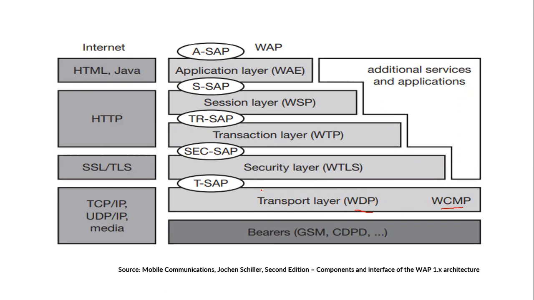The transport layer provides services to the security layer through the interface TSAP, which stands for Transport Layer Service Access Point. In the security layer there is a protocol, and that protocol is WTLS, Wireless Transport Layer Security Protocol.